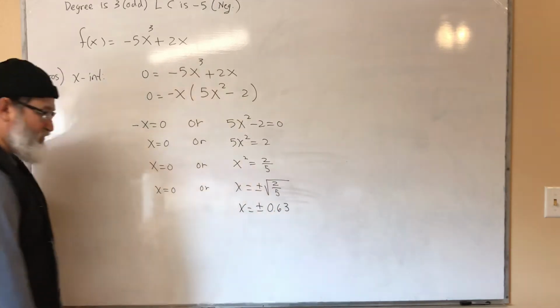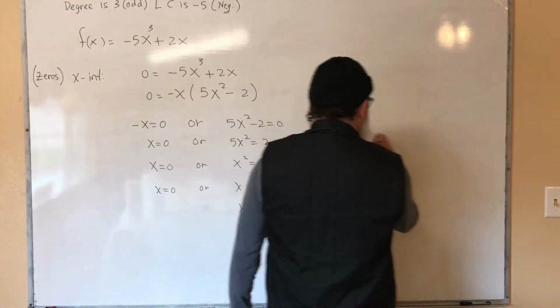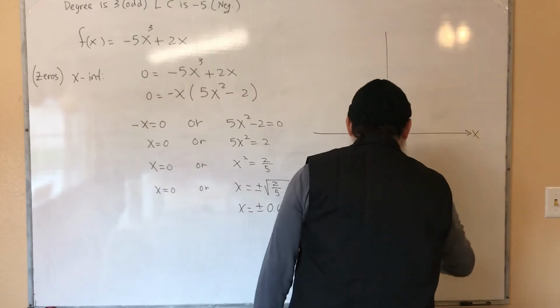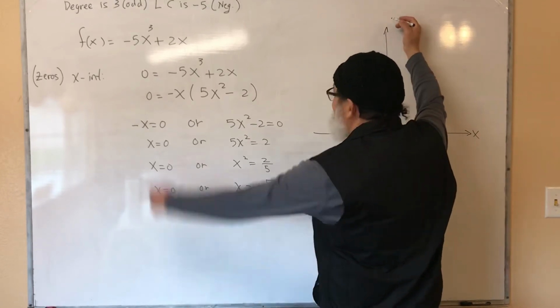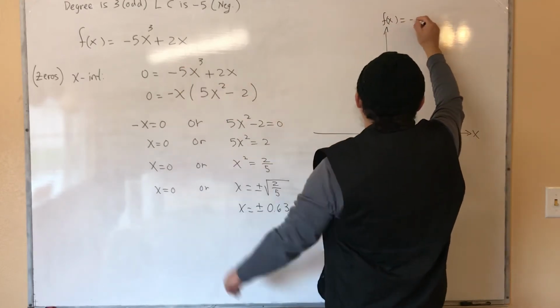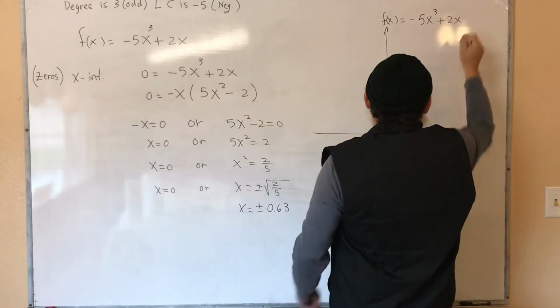Okay, watch this. We're going to graph. This is x, and this is f of x, which equals negative 5x cubed plus 2x.